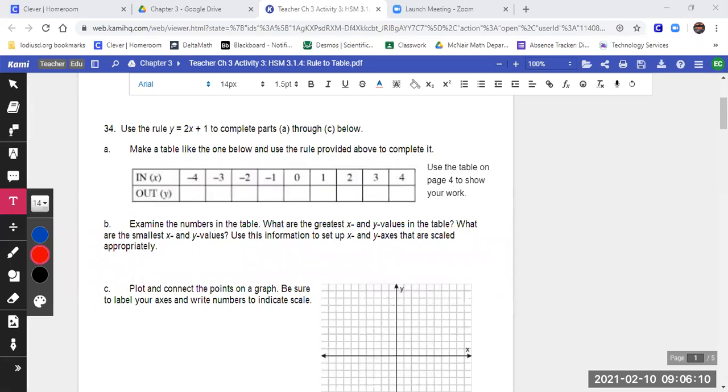Okay. I got a couple more people that need to go ahead and get themselves to this worksheet, please. You're holding us up.